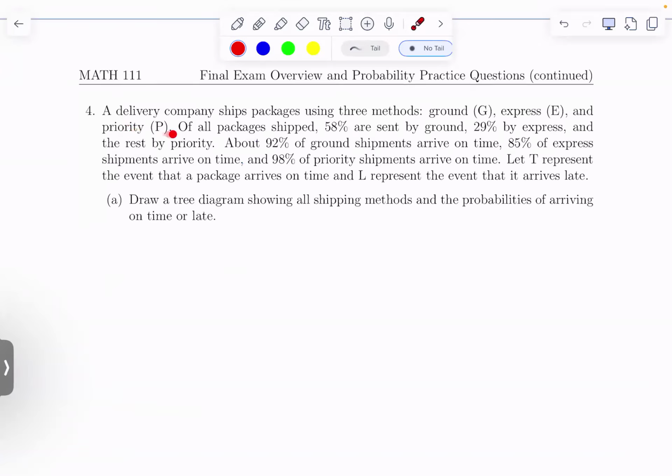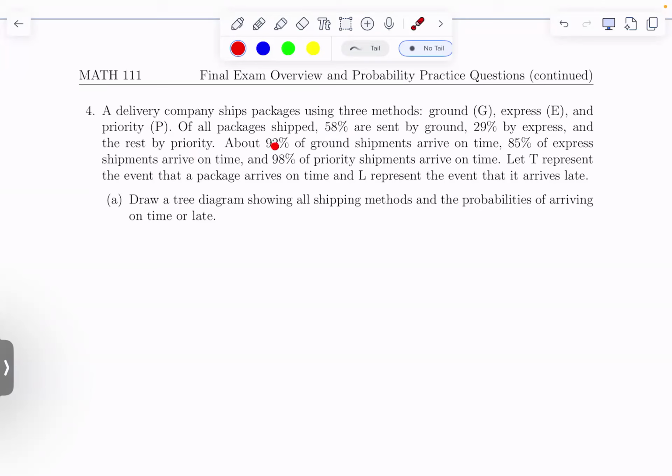A delivery company ships packages using 3 methods: ground, express, and priority. Of all packages shipped, 58% are sent by ground and 29% by express, and the rest by priority. Those are probabilities now.